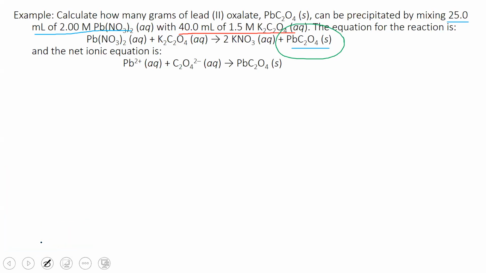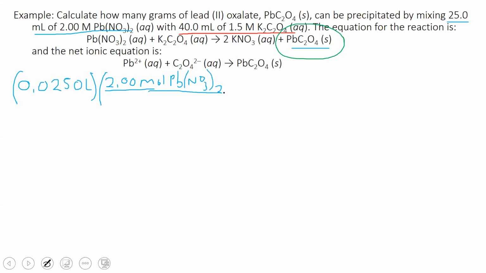So we're going to start with our 25 milliliters of lead nitrate. For the lead nitrate, we've got 0.025 liters, multiplied by the concentration, 2.00 moles of lead nitrate per liter. The liters cancel out.